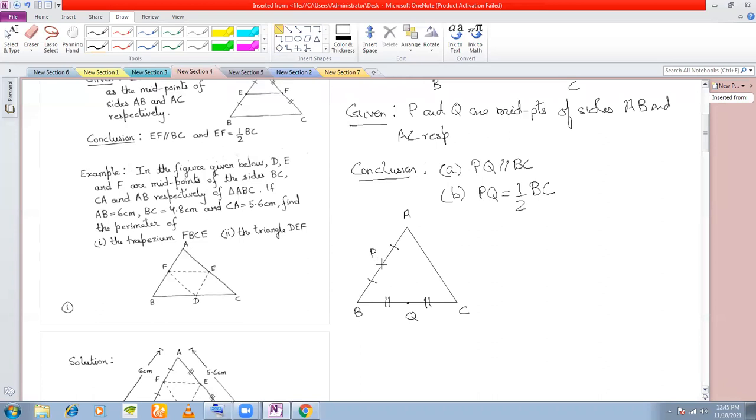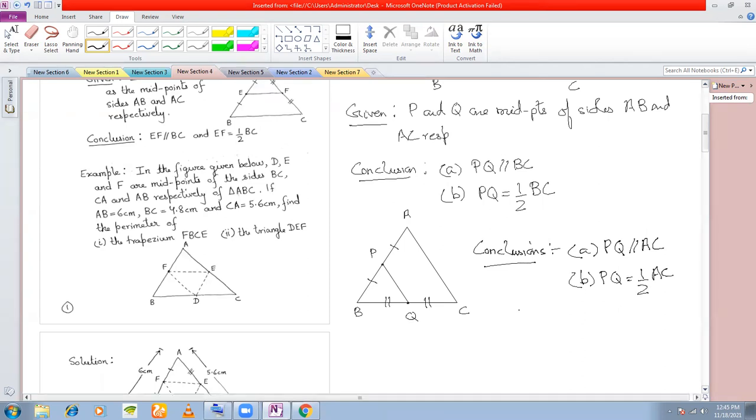So you can join these two. And what will your conclusion be in this case? The conclusions will be that the side PQ is parallel to the third side. And which is the third side in this case? BC. And that the length of PQ must be equal to half the third side.